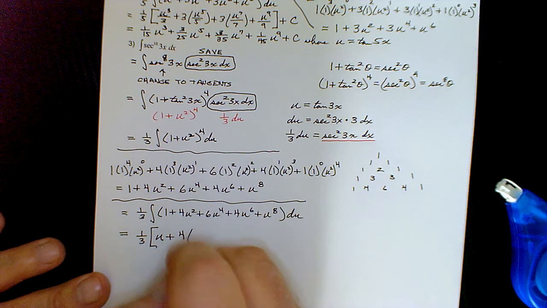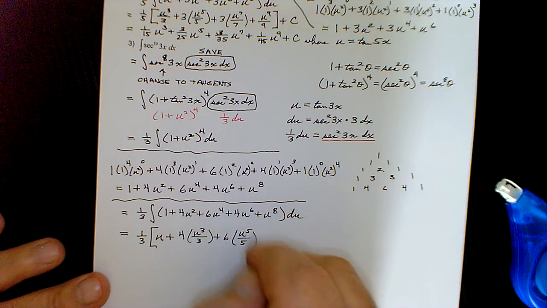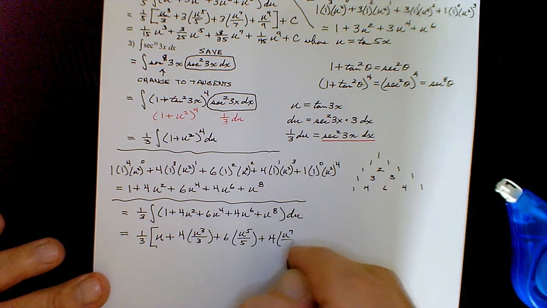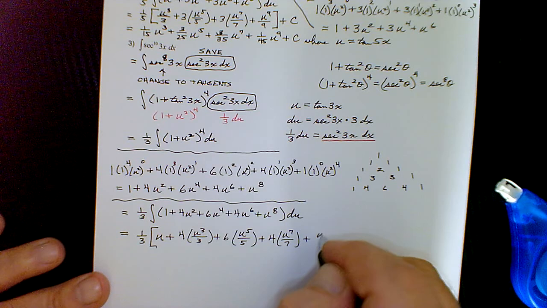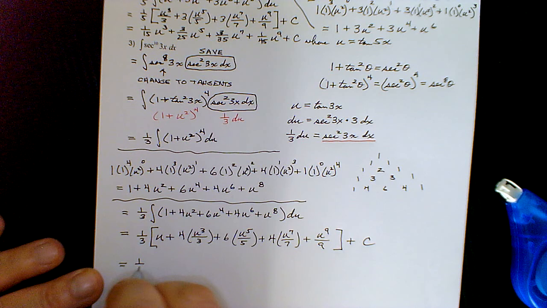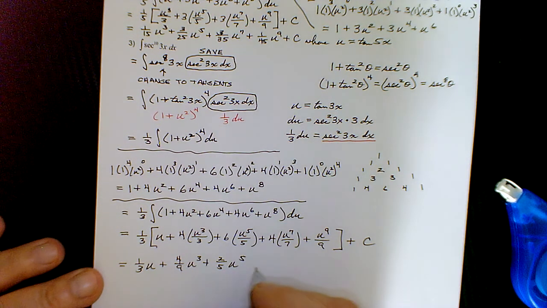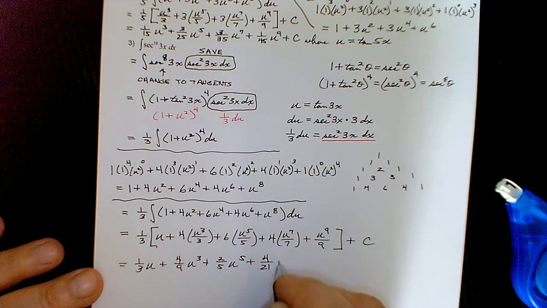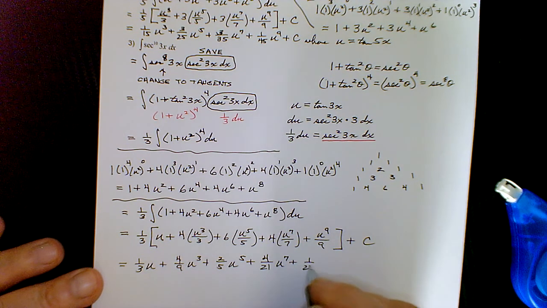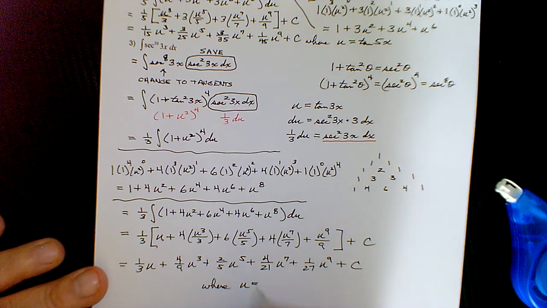And then plus 4, and continuing u cubed over 3, plus 6, u to the fifth over 5, plus 4, u to the seventh over 7, and then plus u to the ninth over 9, close up the brackets, add the constant, and finally distribute the 1/3, so 1/3 u plus 4/9 u cubed. 3 goes into 6 twice, so 2/5 u to the fifth, plus 4 over 21 u to the seventh, plus 1 over 27 u to the ninth, plus c.